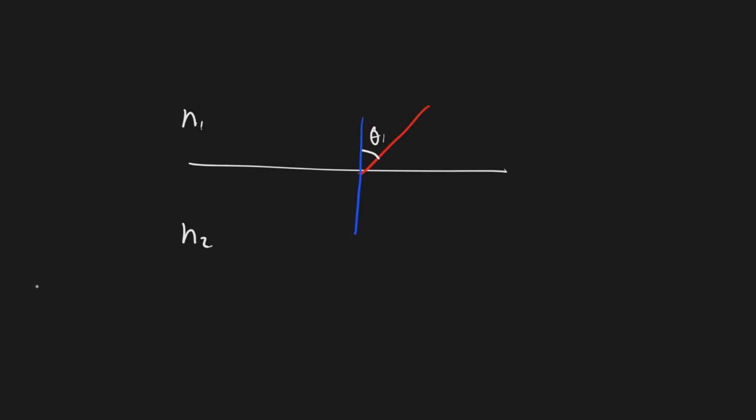Let's take different cases. The first case is if we have N2 greater than N1. For example, we're going from air to water, so it's more dense. What will happen? Let's have a look at the equation again. We have N1 sine theta 1 is equal to N2 sine theta 2.